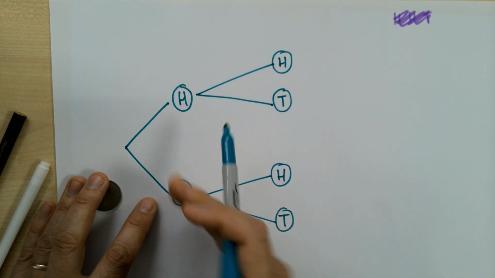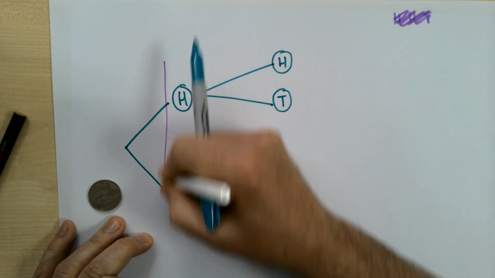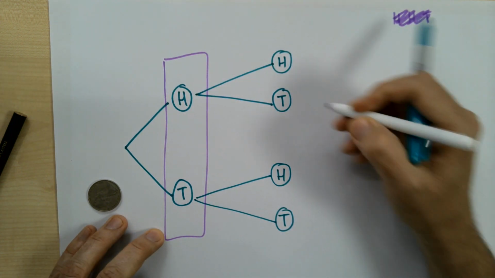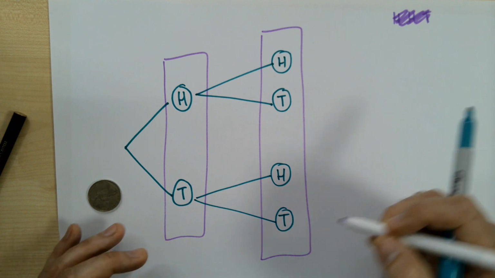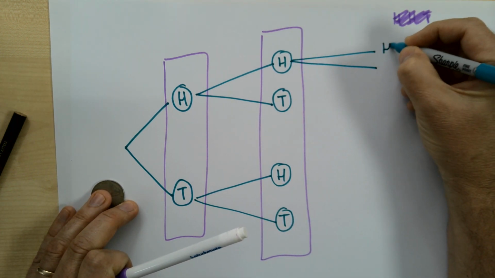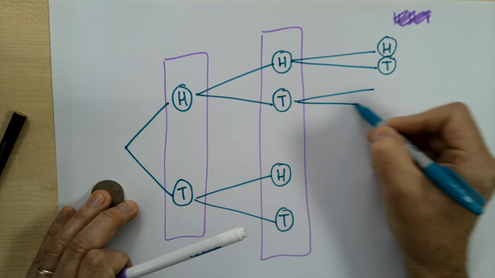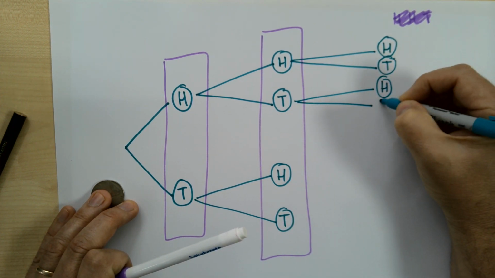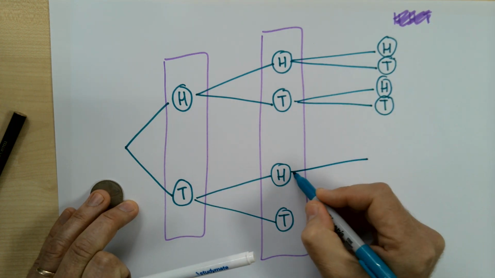So what's happening here is that's the first throw. There's your first throw. This is the second throw. Now I'm going to go for a third throw. Each time, these are different branches of the tree you can possibly follow.